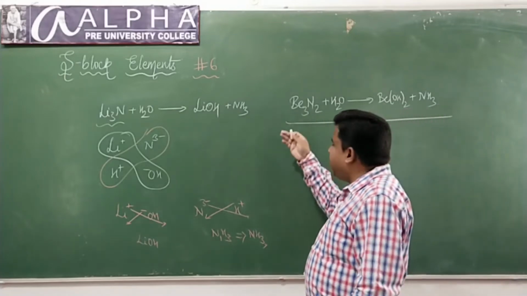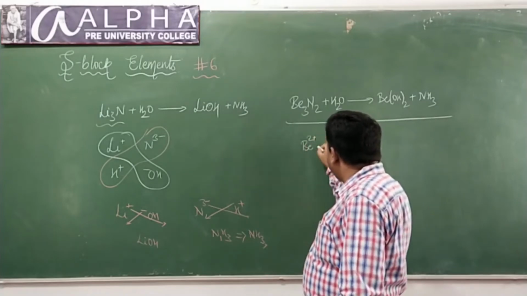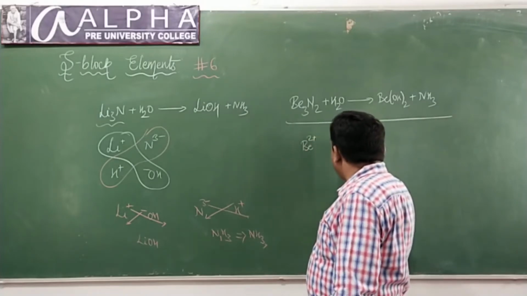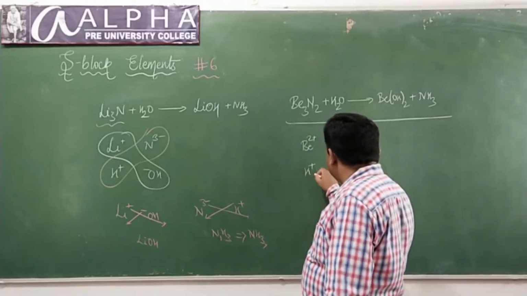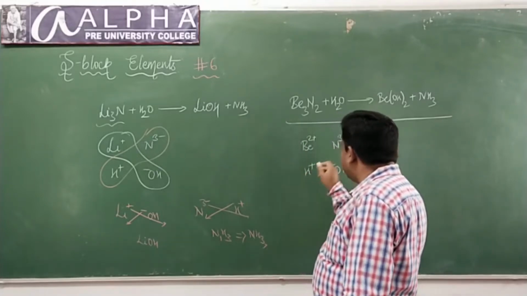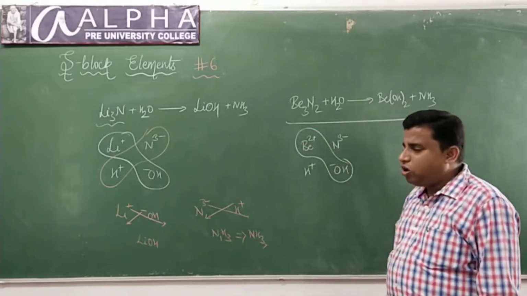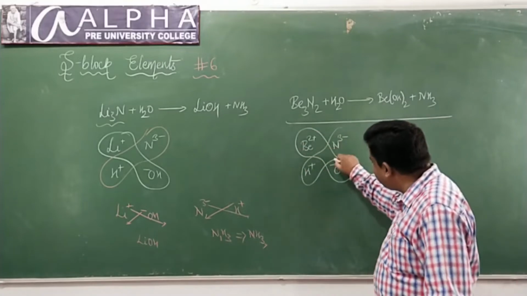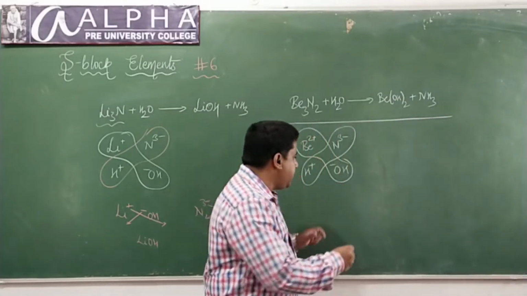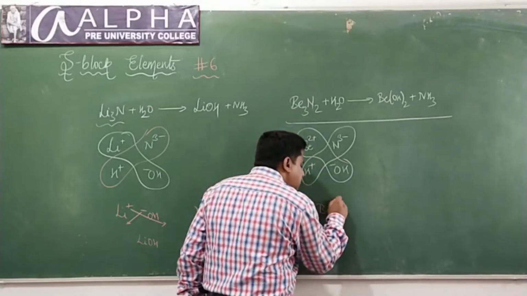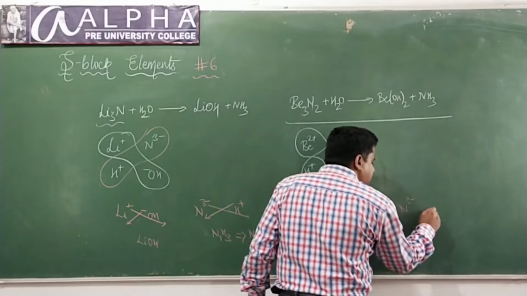In beryllium nitride, which are the cations and anions? Beryllium ion Be2 plus, nitride ion N3 minus. And in water we have H plus and OH minus. Again, interchange the ions, cation with anion and anion with cation. So we have Be2 plus and OH minus, and N3 minus and H plus.